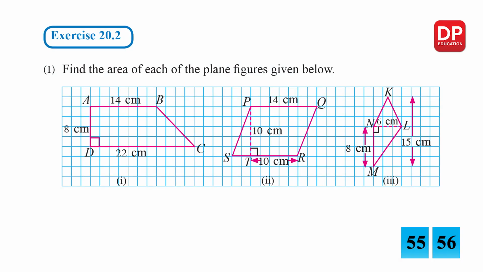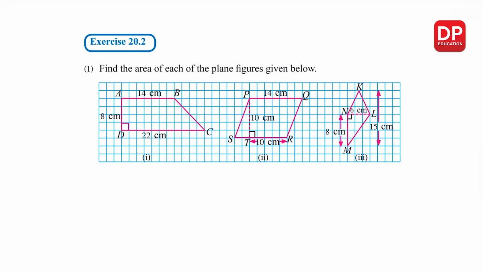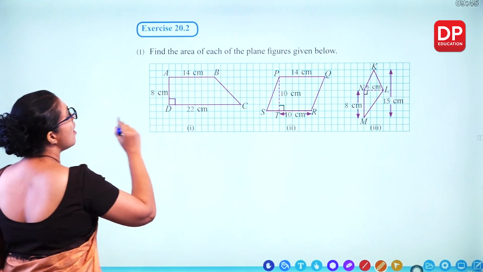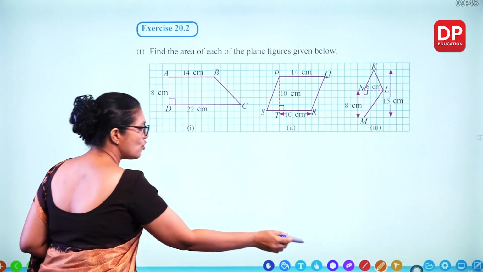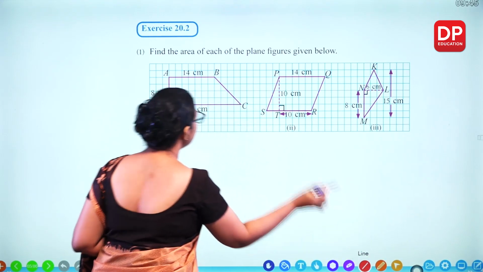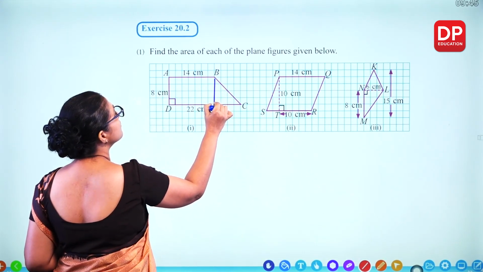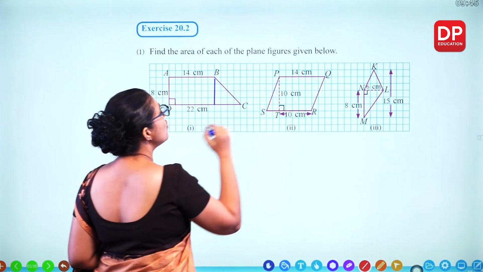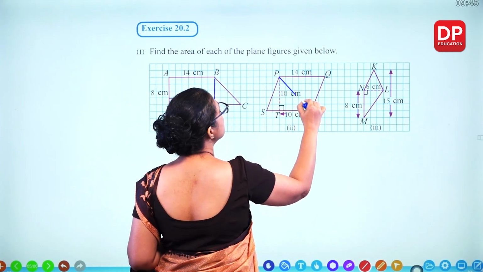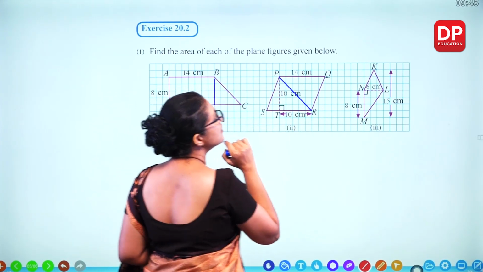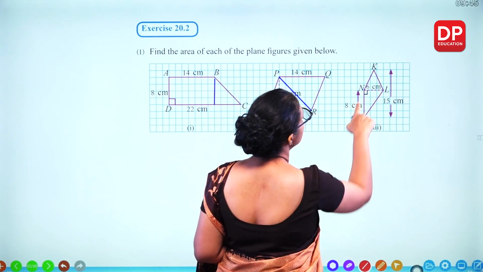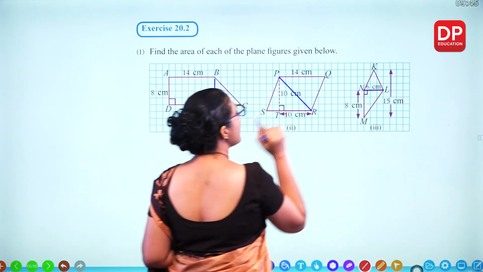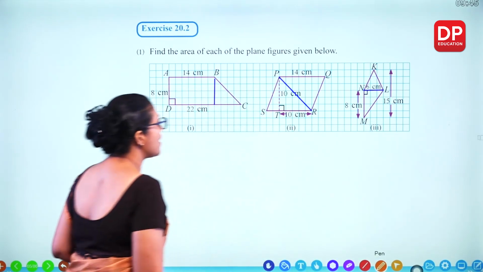Exercise 20.2. Find the area of each of the plane figures given below. How can we find? We can divide into 2 parts. This one we can divide into two triangles. This one we can divide into two triangles here. So what's the area?